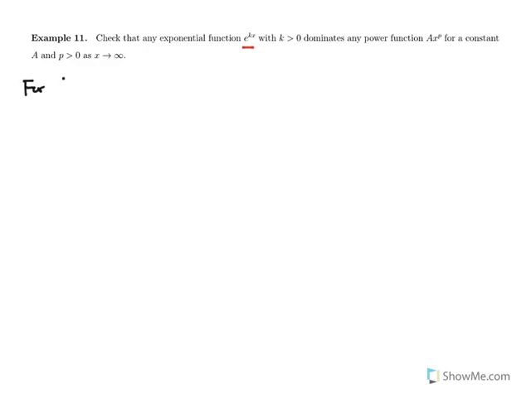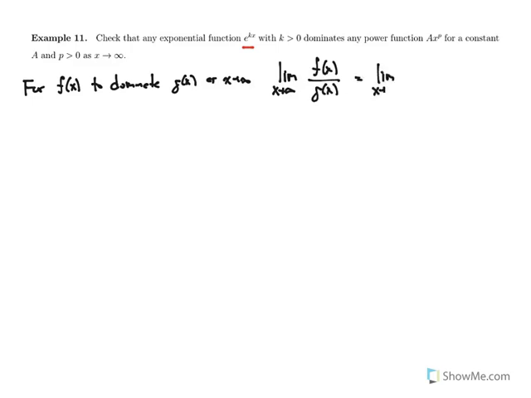And for f of x to dominate g of x as x goes to infinity, we're saying that the limit as x goes to infinity of f over g is just equal to the limit as x approaches infinity of f.